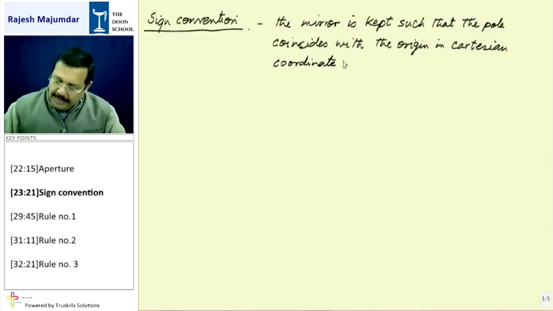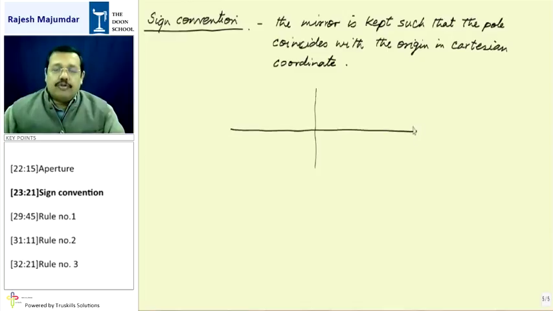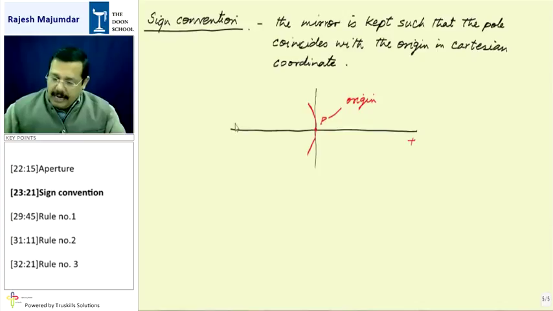And so in diagram, if this is the y-axis and this is the x-axis, suppose I have to keep a concave mirror. I will keep the concave mirror in this way, so that the pole, which is denoted by this point, coincides with the origin. And therefore, this is nothing but the origin. This distance is positive. This distance is negative. Up distance is positive. And down distance is negative.